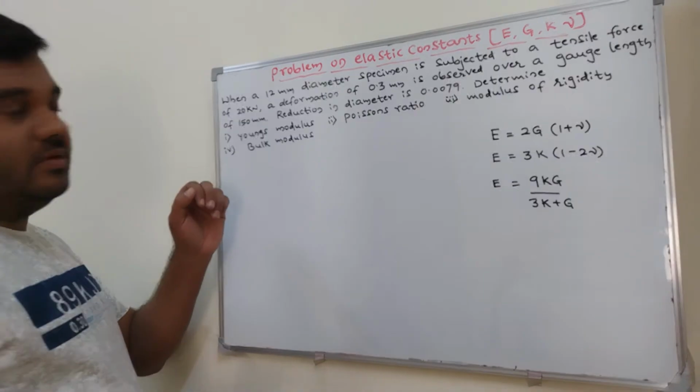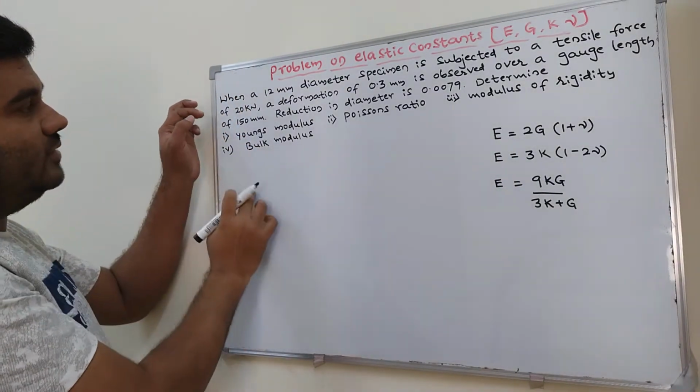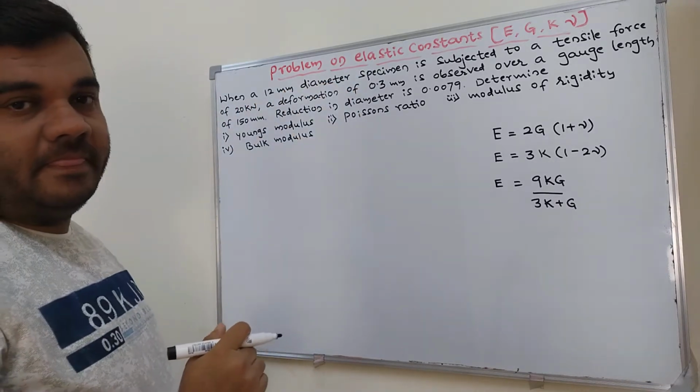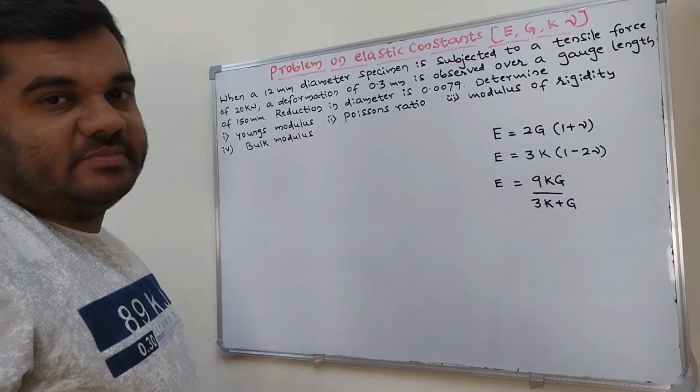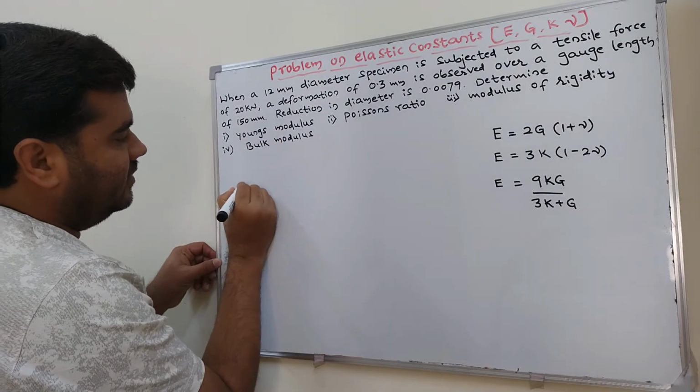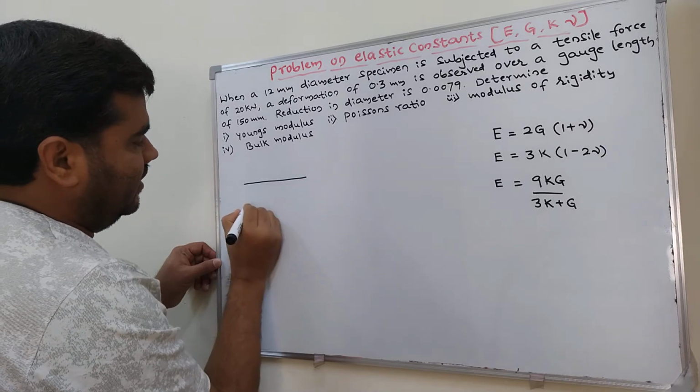Now we'll come to the problem here. I'll read the problem. A 12 millimeter diameter specimen, that is a solid specimen of diameter 12 millimeter, I'll draw here for understanding purpose.